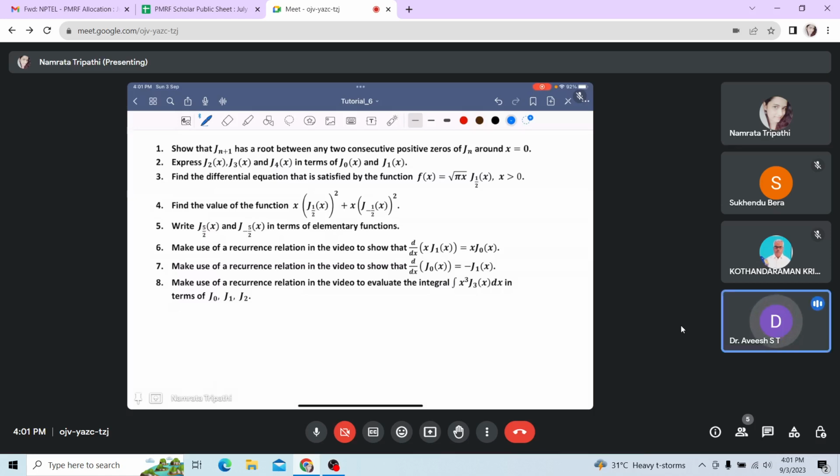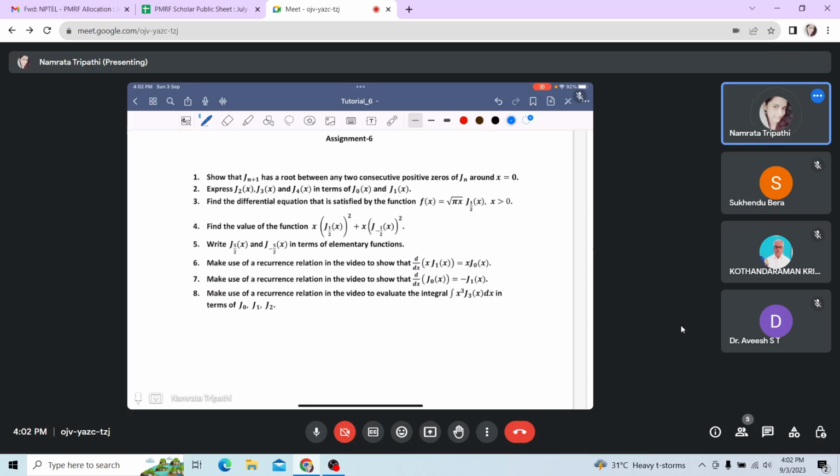Derivative of x to the power of n jn of x is equal to x to the power of n jn minus 1 of x. Yes, and simply you have to put n equals 1, so you will get the answer. Everyone get the answer? Have you got the answer? Okay, let me write.